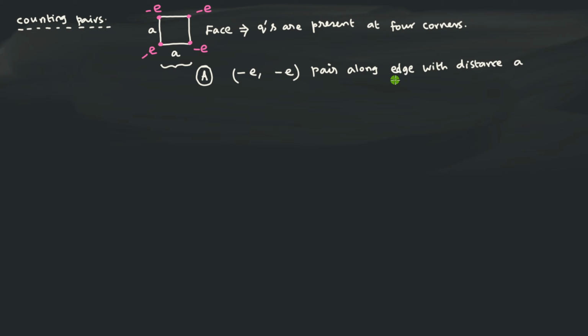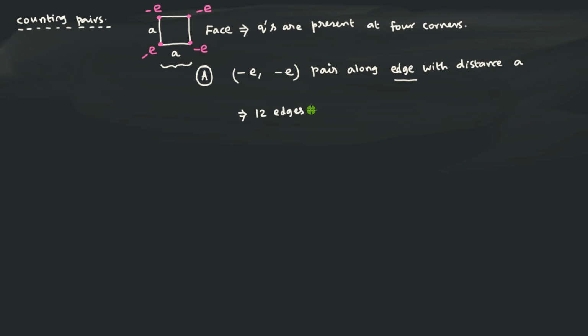Okay, now how many edges are there? This is fine, but you don't have only one edge in a cube. Like in a square you have 4 edges, but we don't have square, we have a cube. So in a cube how many edges are there? You can easily count how many edges are there in a cube. So we have 12 edges.